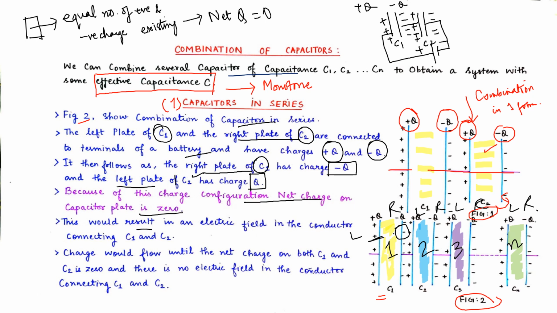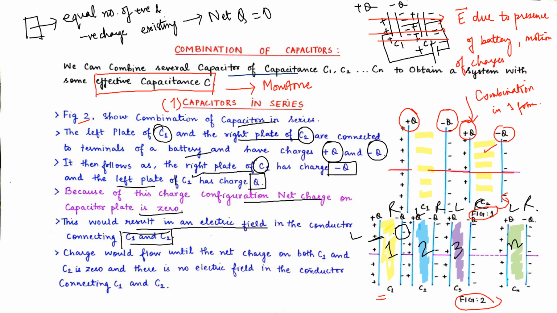This would result in an electric field in the conductor connecting C1 and C2. Both these will have some electric field due to the motion of the charges. Electric field, presence of battery, motion of charges too.